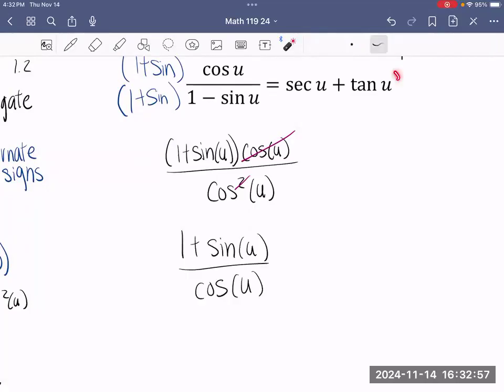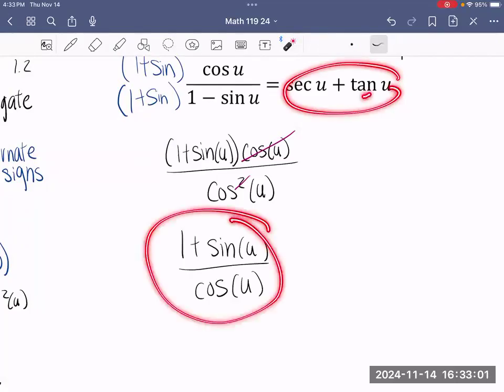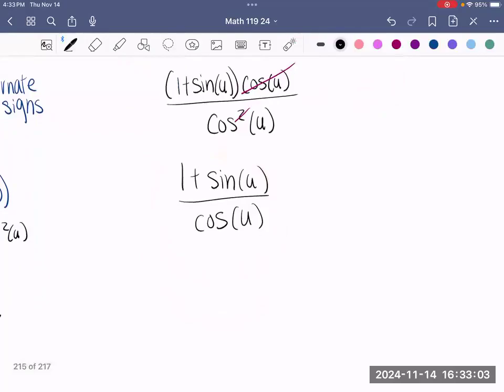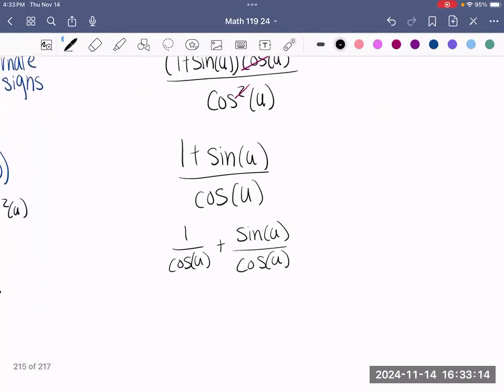How do we get to secant plus tangent? Well, same idea as last time. We can break it up to show it has a common denominator. We can only do this if we have a monomial down below. 1 over cosine is secant. Sine over cosine is tangent.